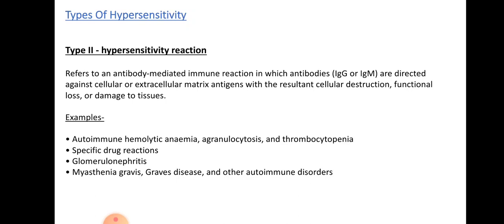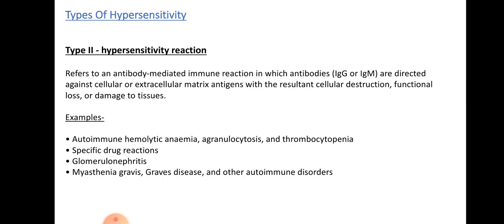Let us move on to the type 2 hypersensitivity reactions. It refers to an antibody mediated immune reaction in which antibodies such as IgG or IgM are directed against cellular or extracellular matrix antigens with the resultant cellular destruction, functional loss or damage to tissues.